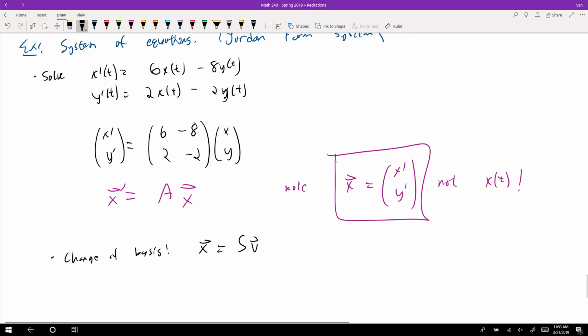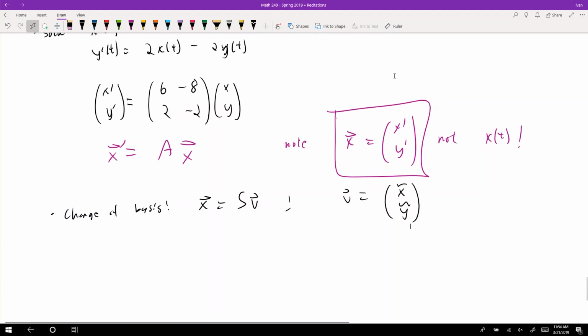And the vector v is going to be equal to x tilde, y tilde. So we know that x is equal to Sv. If we plug that in here, this is going to be Sv prime is equal to A times Sv. We just replaced x with Sv, and that's how we get this.